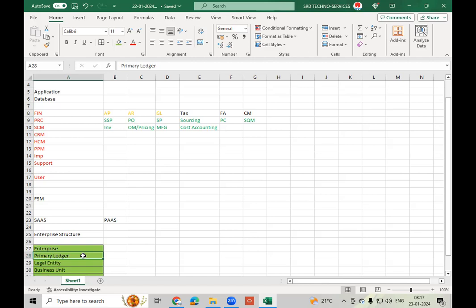Against the received quantity, I will create an AP invoice in payables. Against the payable invoice also there will be an accounting entry. That accounting entry will be sent to the general ledger module, which generates the journals. Those journals again are sent to the primary ledger.